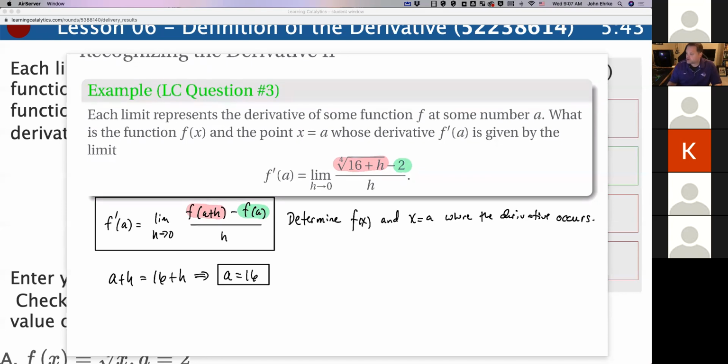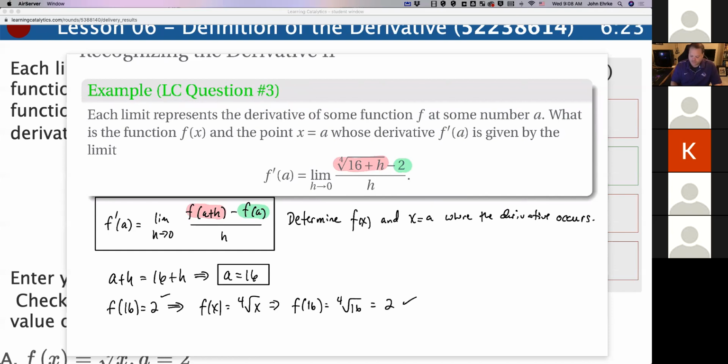But there's another point of comparison here. If you look at the green highlighted section, you've got f of a, which we now think is 16, should be 2. So if f of 16 should be 2, I'm thinking, okay, looking at the function that I have here, that looks like the fourth root of something. So if I say f of x is the fourth root of x, then that implies that f of 16 is the fourth root of 16, and the fourth root of 16 is indeed 2.